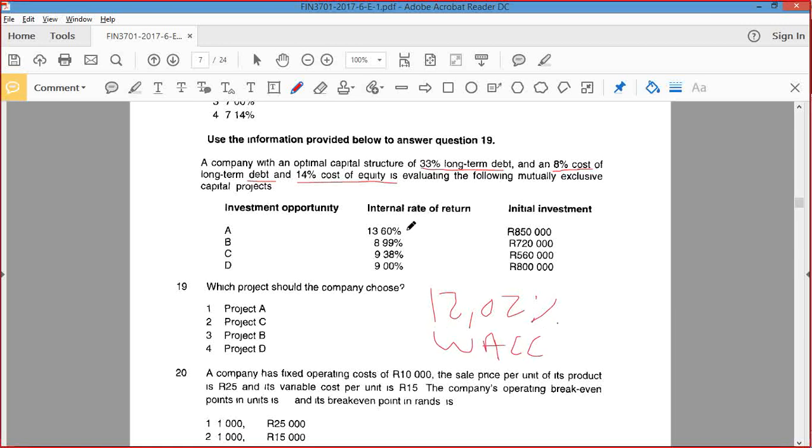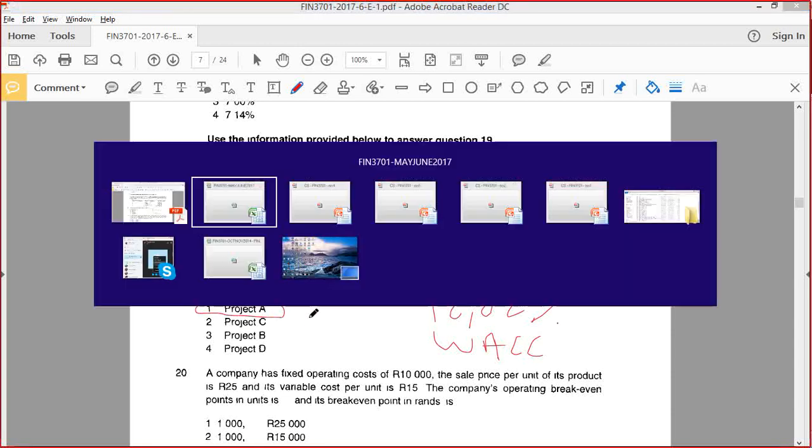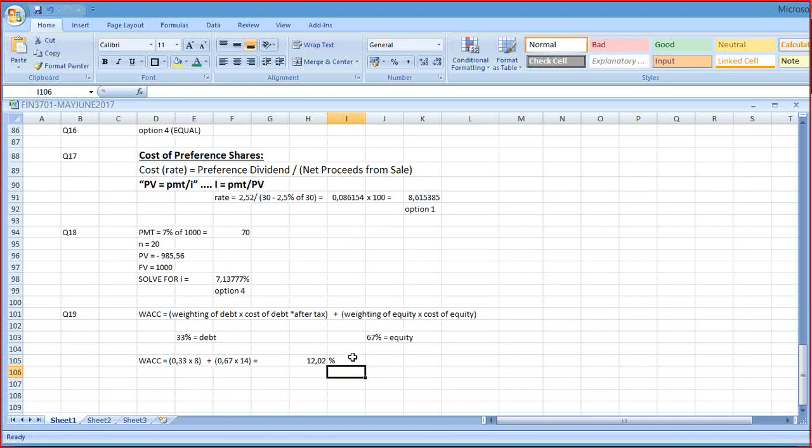Right, so will I accept A? Yes. Okay, they said mutually exclusive, so I can only accept one project. I wouldn't accept B, I wouldn't accept C or D because all of these internal rate of returns are less than 12.02. But I mean, even if it wasn't mutually exclusive, you wouldn't accept more than one of them. Exactly. You would only accept the one above 12.02.